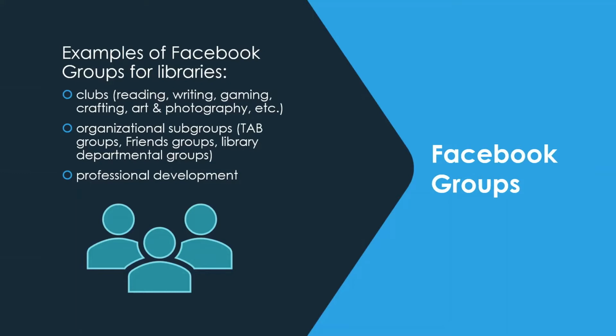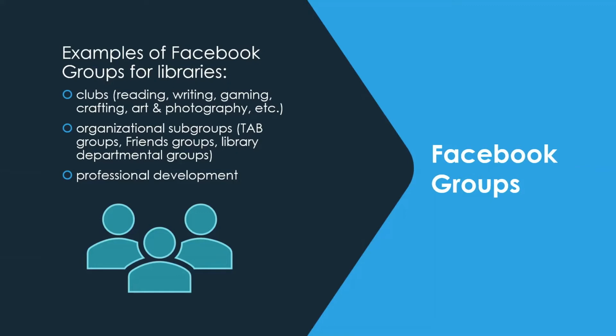You could have a Facebook group, say, for all of the youth services, or depending on the size of your library system, you could have a whole group for your reference departments or your young adult departments, and that could be a place where across the whole system they can organize and share ideas and really be on the same page and make your library system's programming and tools for that particular group more uniform.